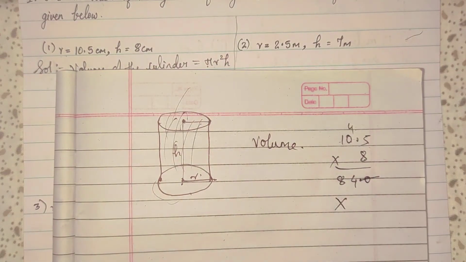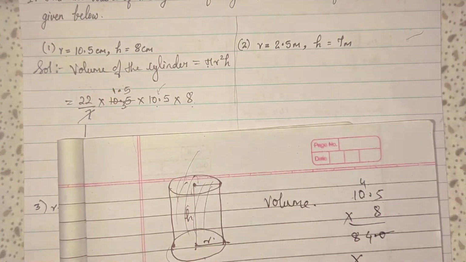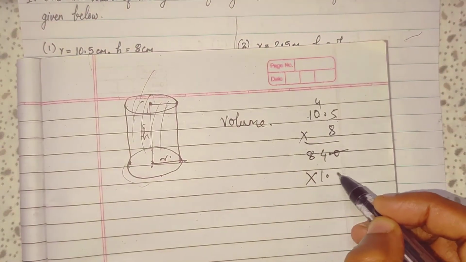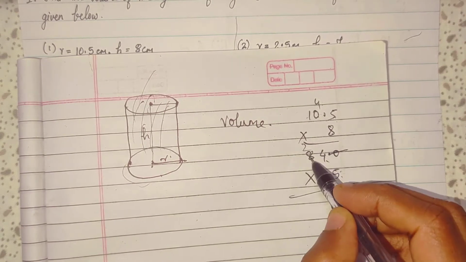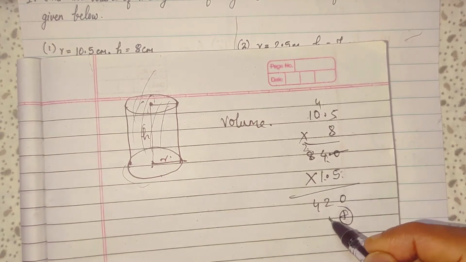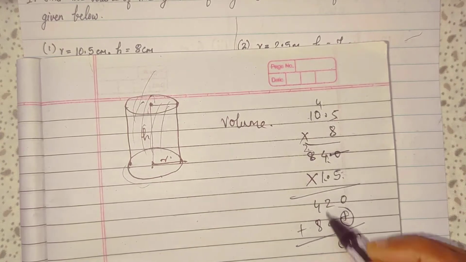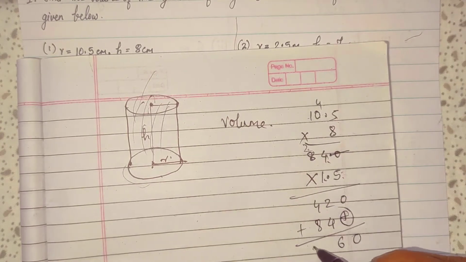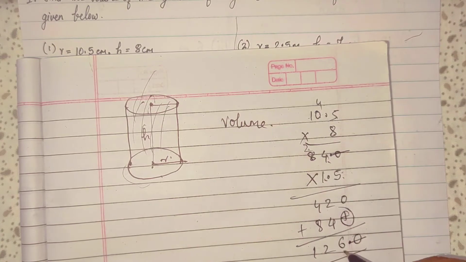Then multiply by this. That is two multiplications done. Now this 1 decimal 5. 5 4s are 20. 5 8s are 40. 42. Then 1 4s are 4. 1 8s are 8. 6. 8 plus 4, 12. Before one number decimal, 126.